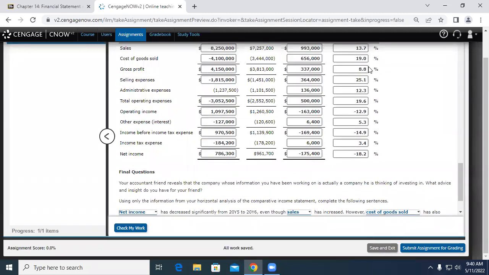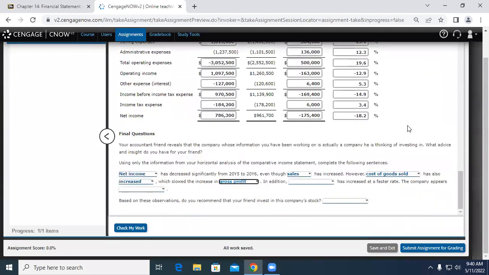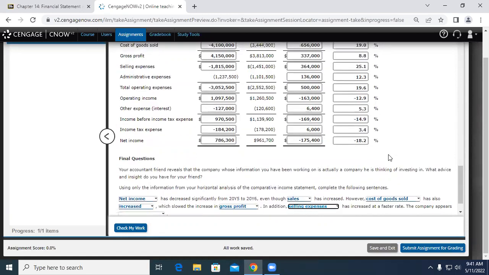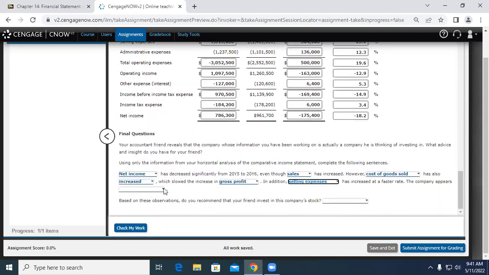So gross profit only went up by 8.8% because of that bigger increase in cost of goods sold. In addition, selling expenses have increased at a faster rate. It went up by 12.1%. The company appears to be struggling.